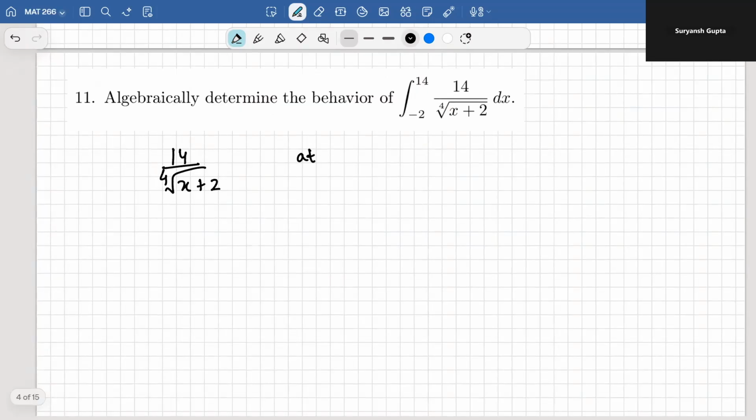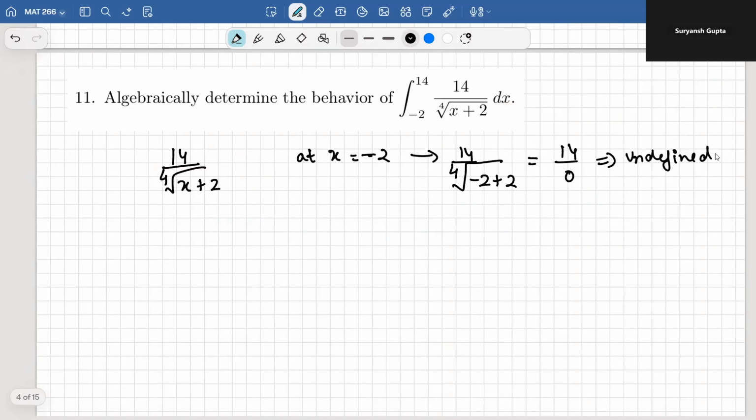So at x equals minus 2, I get 14 by the fourth root of minus 2 plus 2, which is equal to 14 over 0, which is undefined. This means that the integral is improper and I need to account for it.